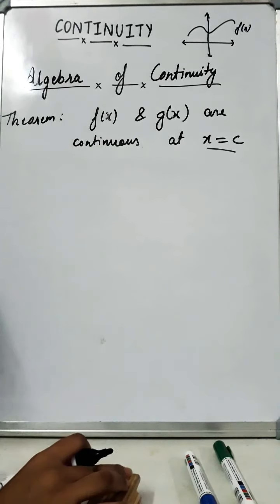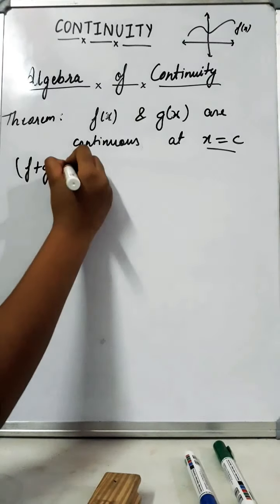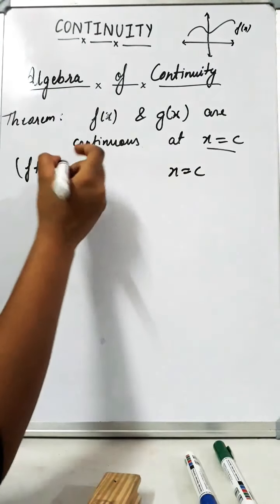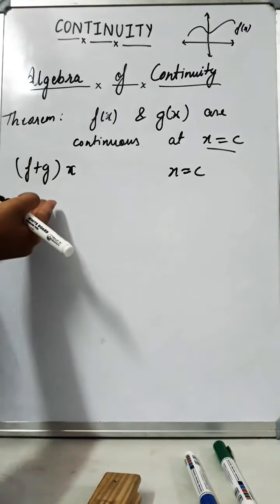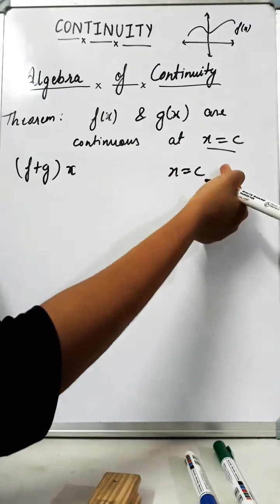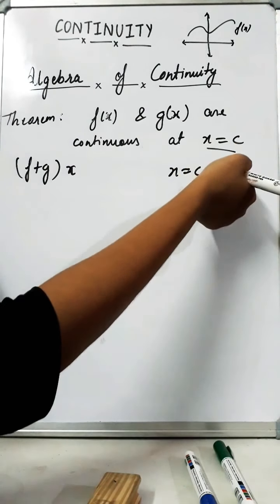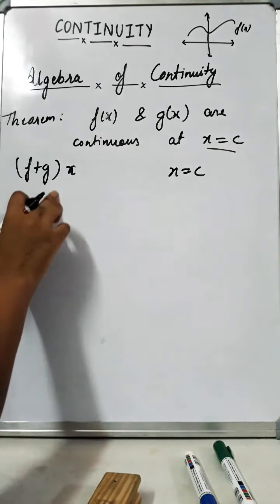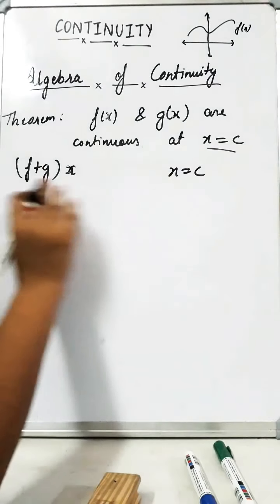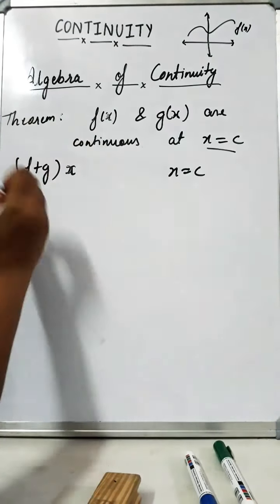We will prove how. Now let us try to prove that f plus g is continuous at x is equal to c. For continuity, first of all you need to check whether the function is defined or not. f of x is defined at c, that's why it's continuous at c. g of x is defined at c, that is why it is continuous at c. That means f plus g is also defined at c. Now we need to apply our basic definition of continuity.